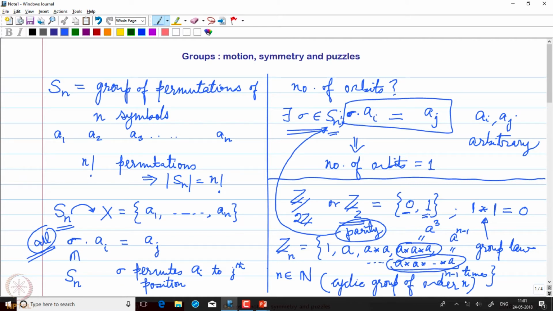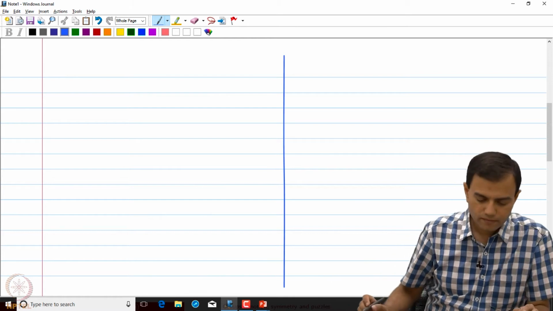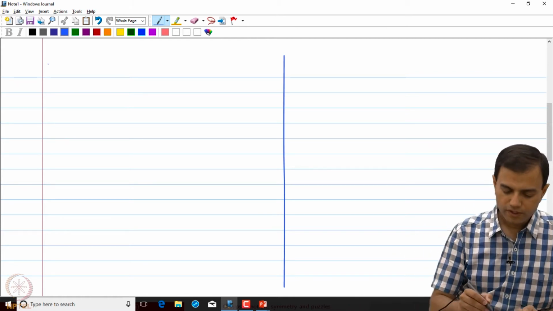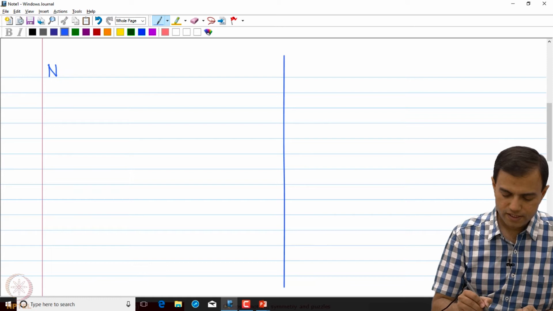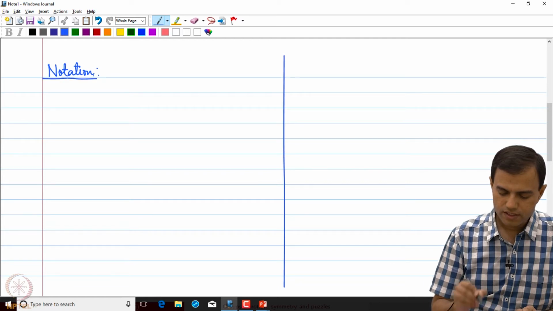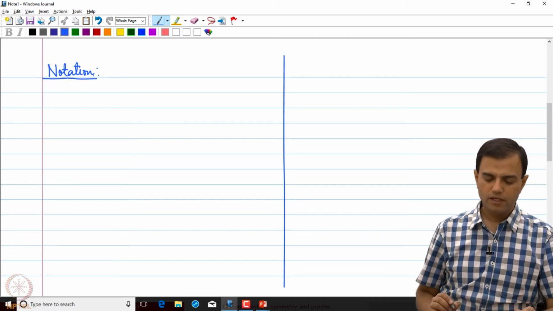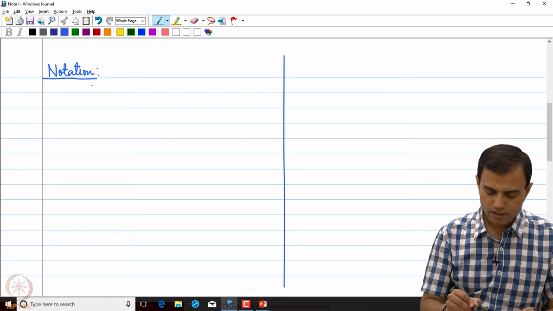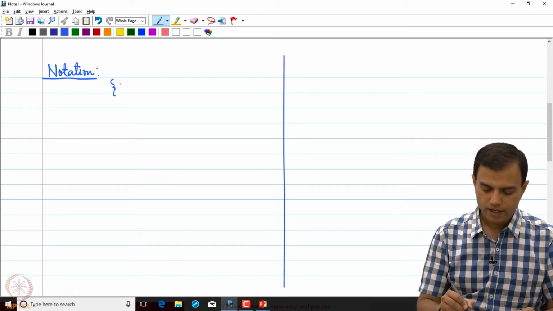So what is even and odd parity? For that I will devise some notation, and here I would call those symbols which are being permuted by the group Sn simply 1, 2, 3, 4 and so on.